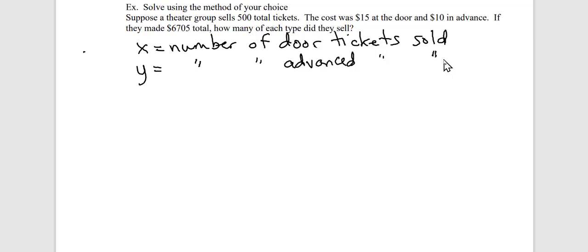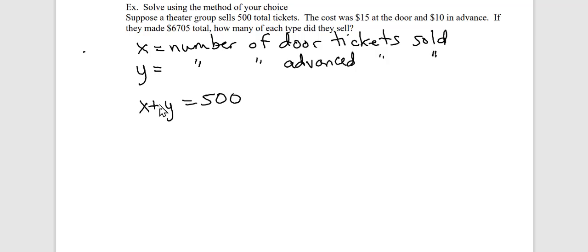Those are the two things I want to know, so that's why I'm calling them my two variables. Suppose a theater group sells 500 total tickets. That tells me that X plus Y equals 500, right? The sum of the numbers of the two types of tickets will be 500.